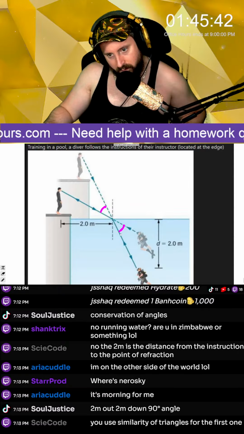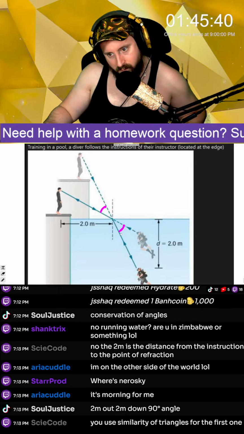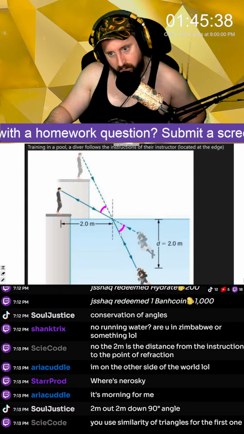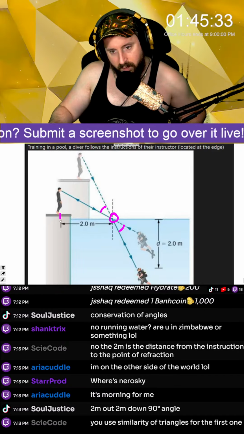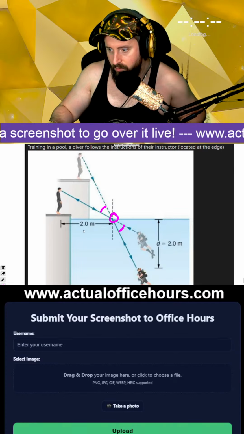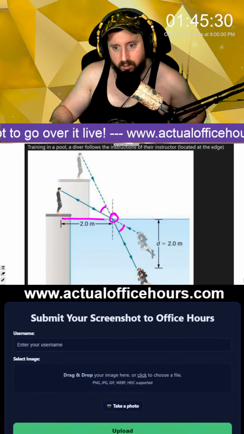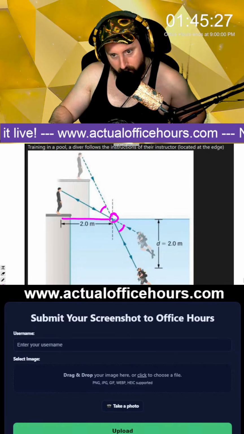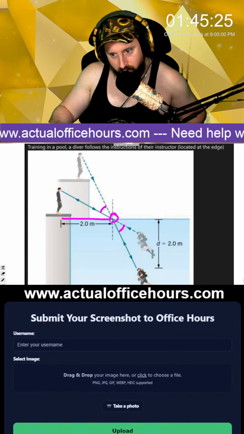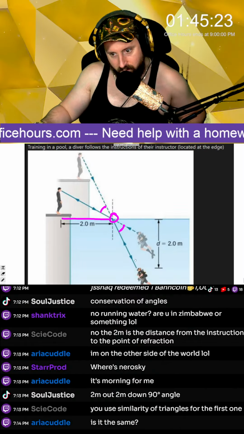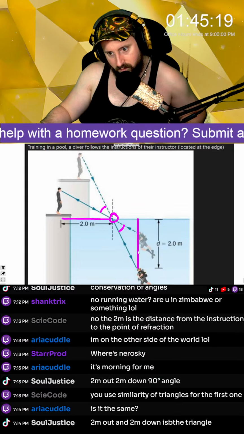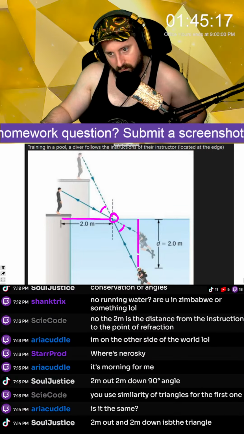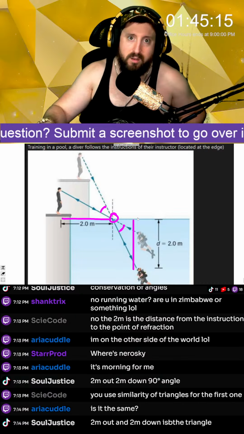I assume, right? Then what is the triangle? Do I know this distance? I don't, right? I know this is 2 meters. And then this is 2 meters? What does that tell me?